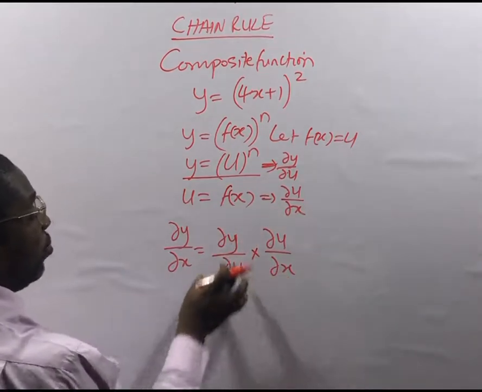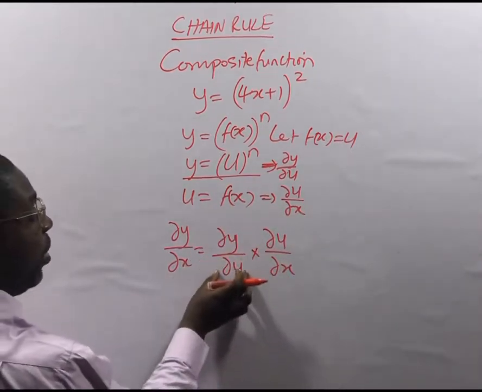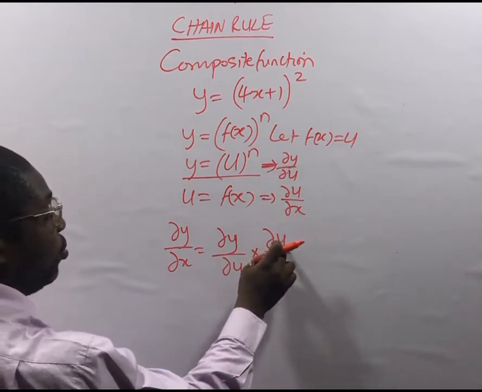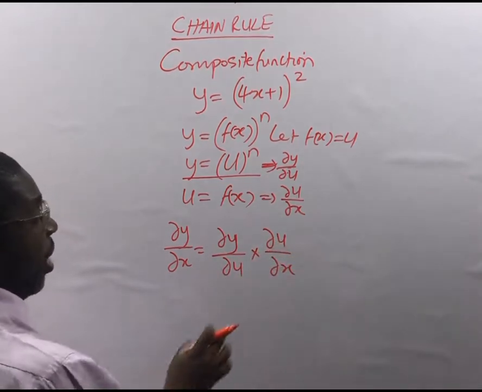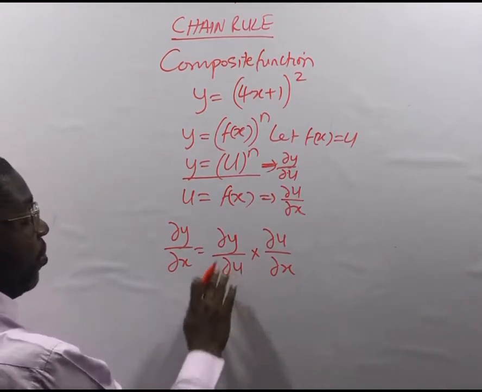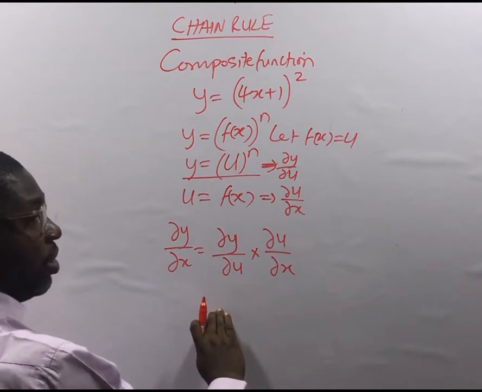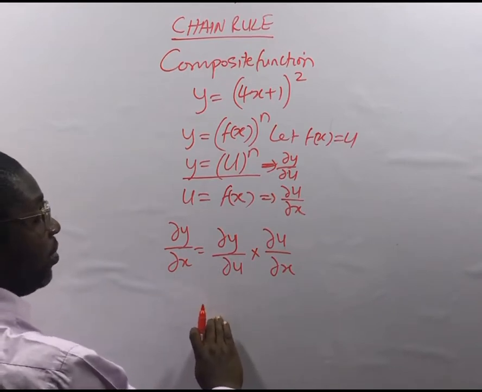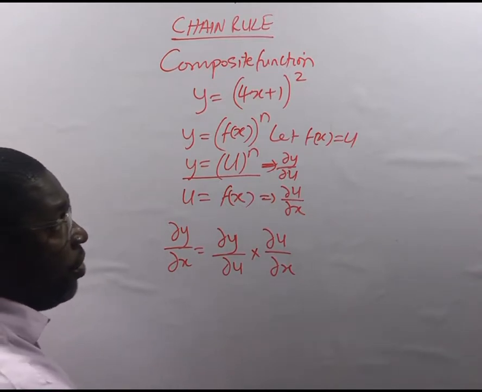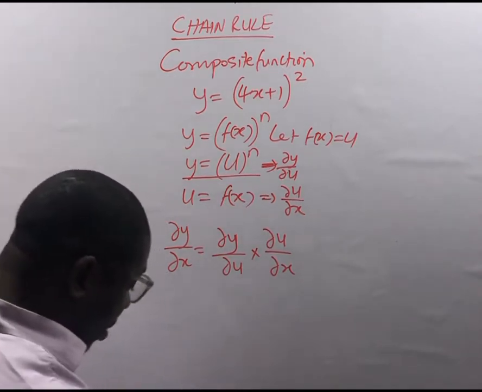When we've done that, we multiply dy du by du dx. And after we've found that, we return the value we represented as u back to the equation that we have.